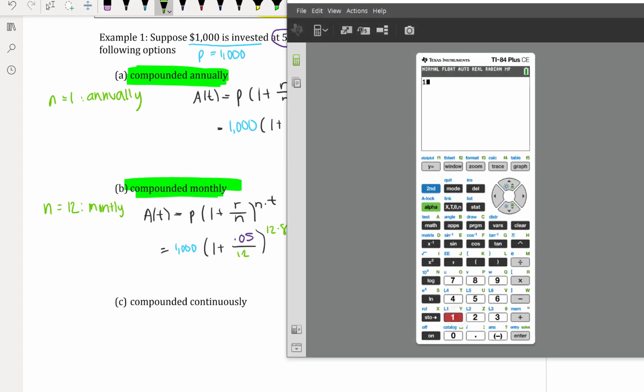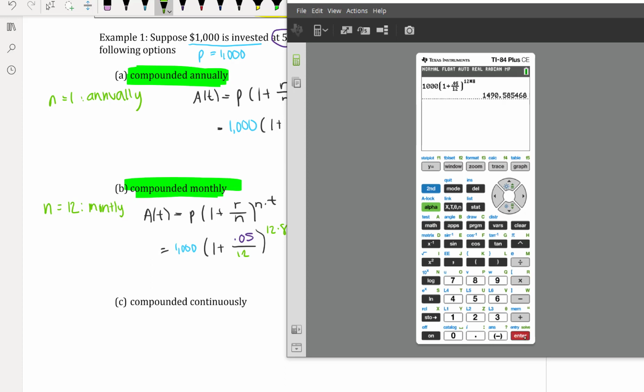So I'm going to have 1,000, okay, and then 1 plus, and here's my fraction. So make sure to write it as a fraction, 0.05, and that denominator is 12, to the power of 12 times 8.